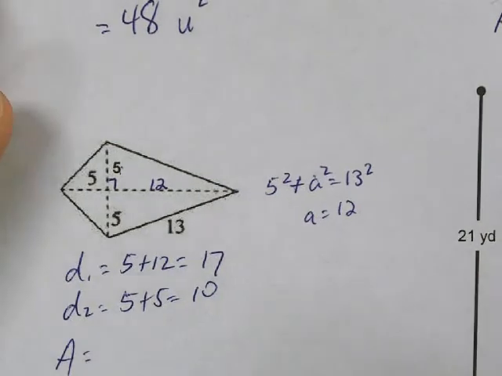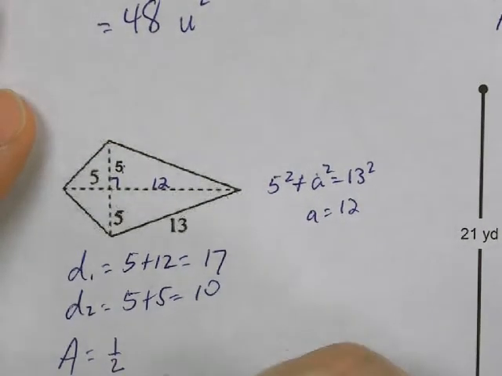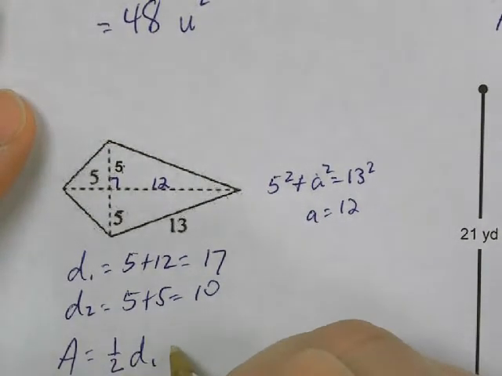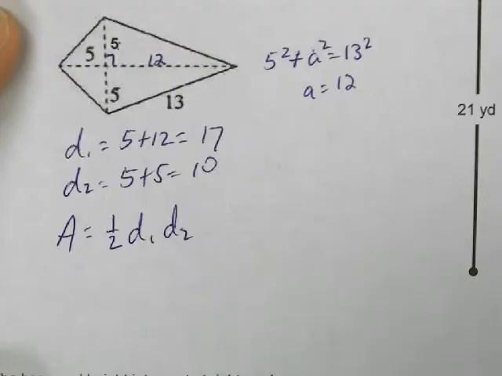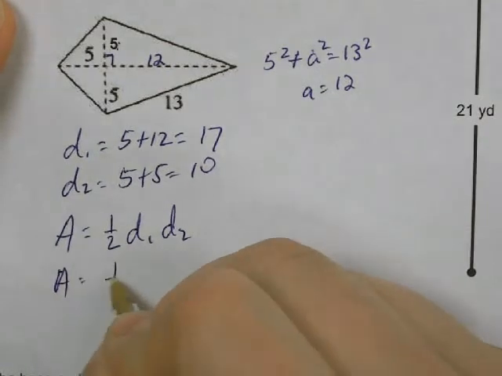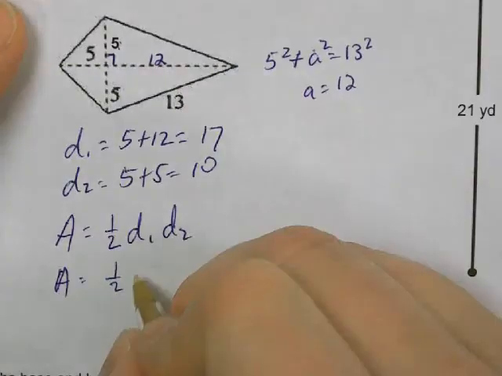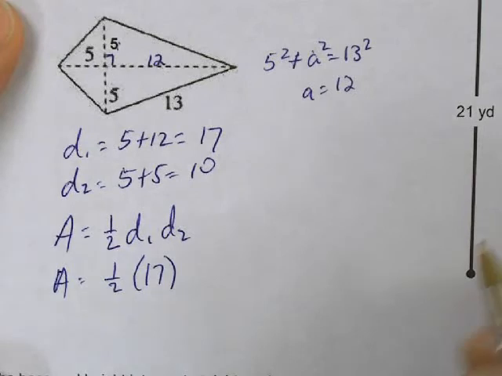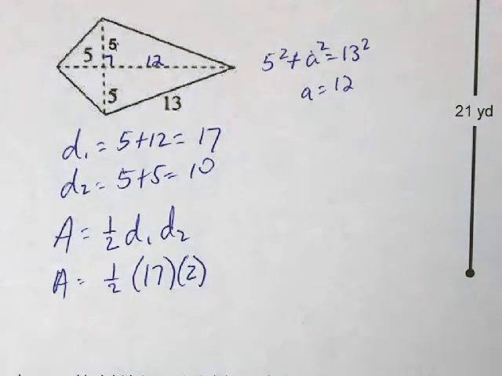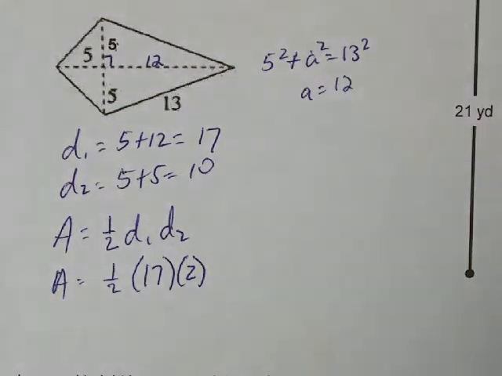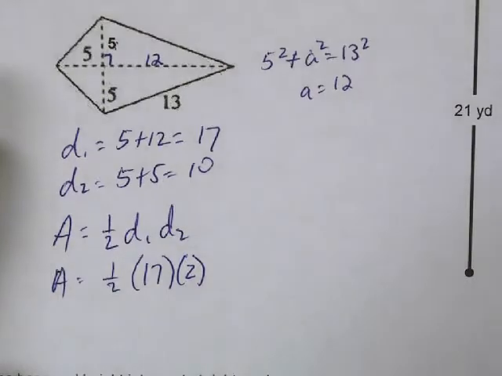Your area formula is 1/2 times D sub 1 times D sub 2. Okay, we plug in 1/2, D sub 1 is 17, and D sub 2 is, I wrote 2. Wow, it's just like I'm here.